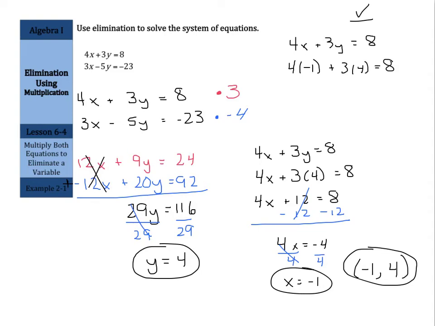And does it? Well, -4 plus 12 should equal 8, and sure enough, 8 equals 8. So there is a way, just like when we're solving regular one-step, two-step, and multi-step equations, to also check our answers for systems of equations.